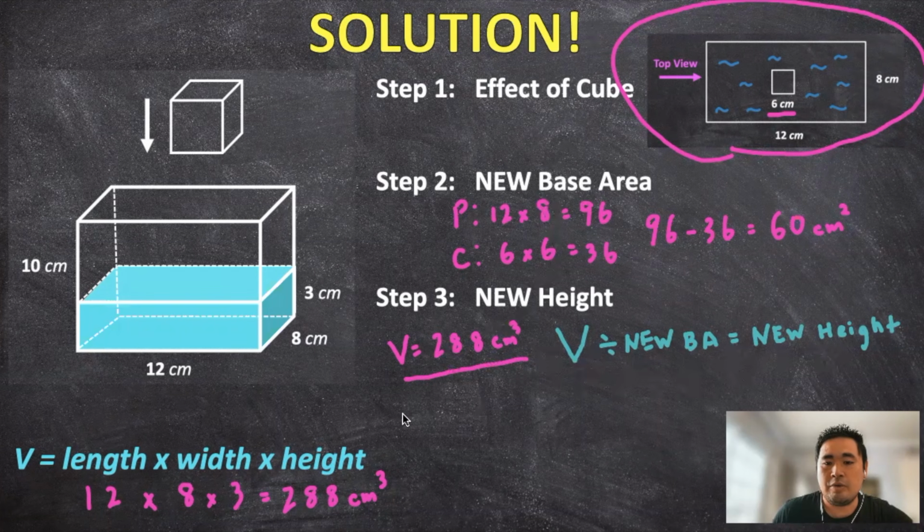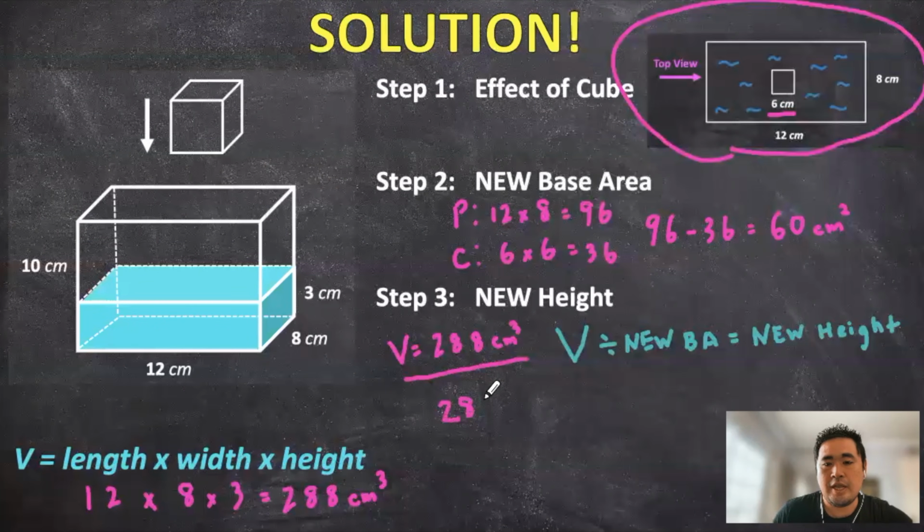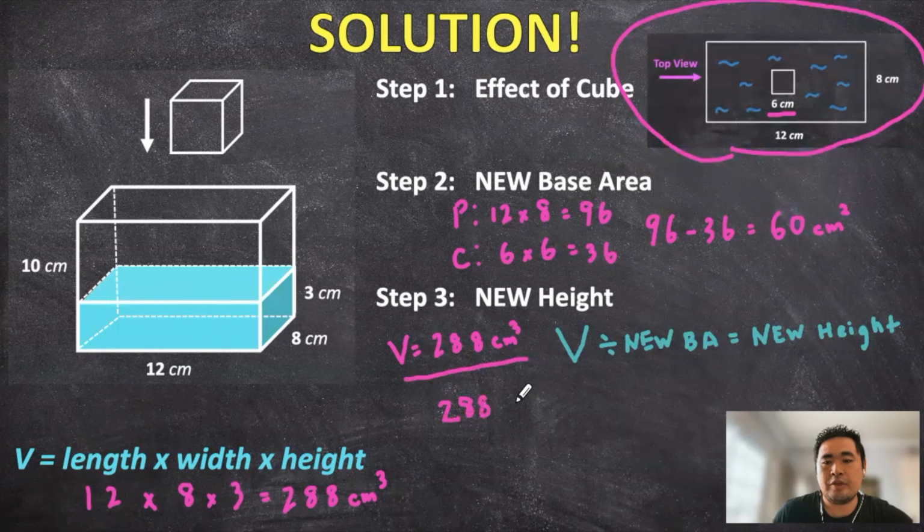So if we take our original volume of 288, we can divide that by our new base area, which is equal to 60, and dividing that should give you the new height of 4.8 centimeters.